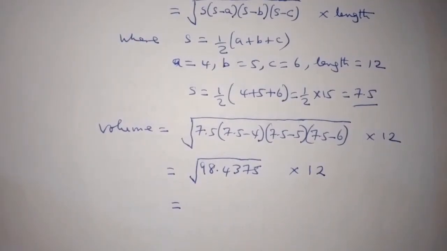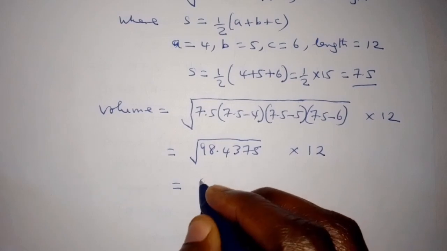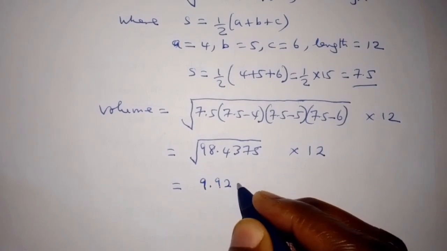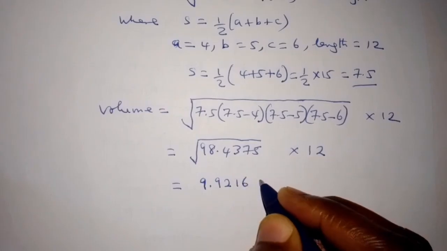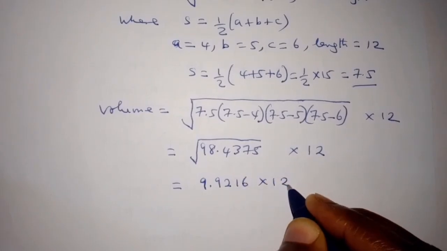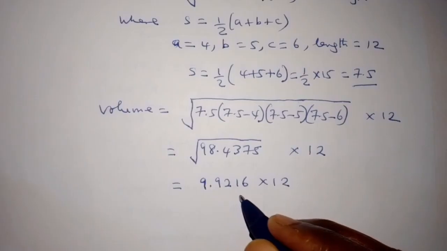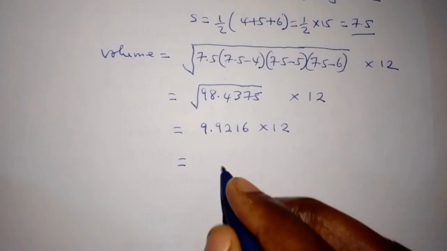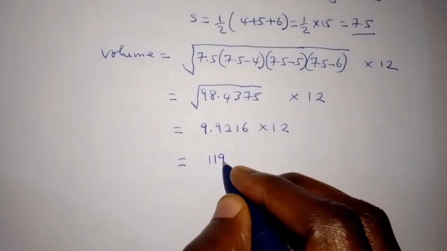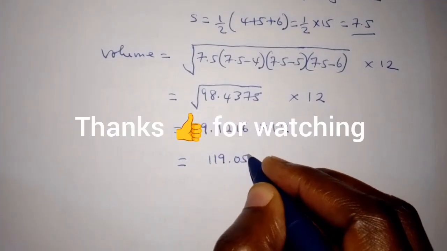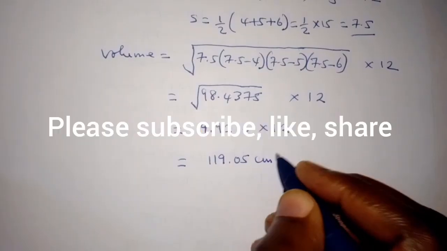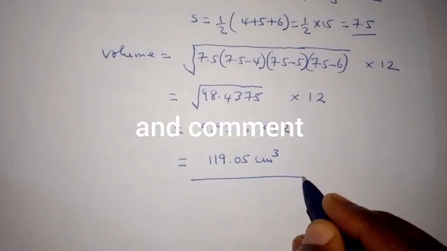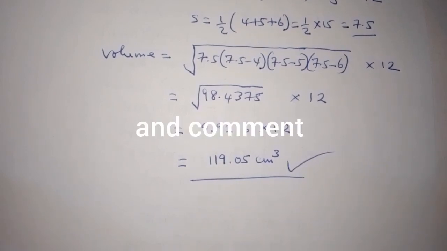This gives us 9.9216 times 12, which gives us 119.05 centimeters cubed. Thank you for watching.